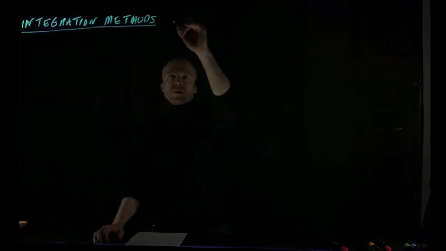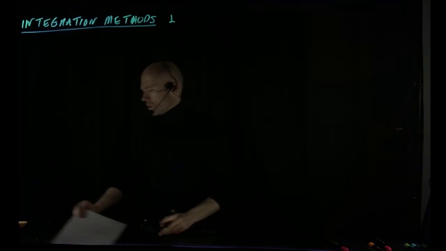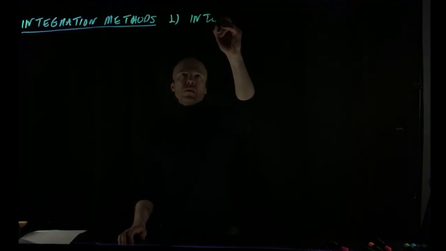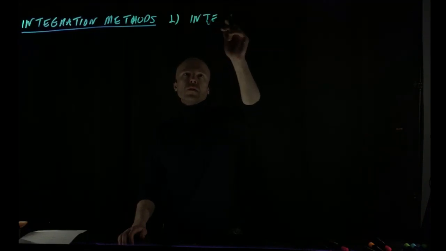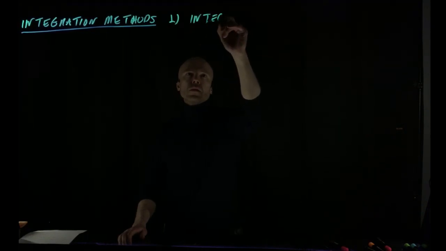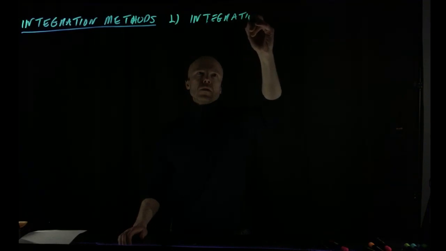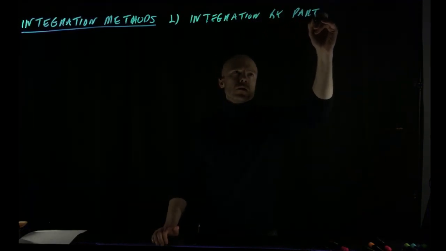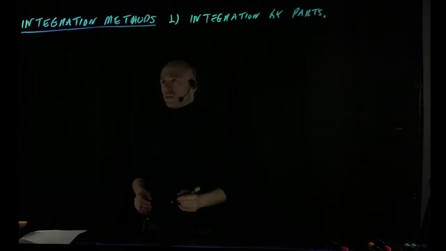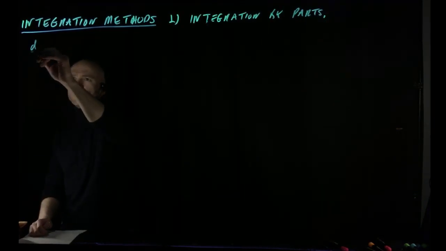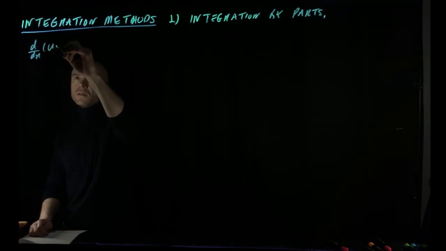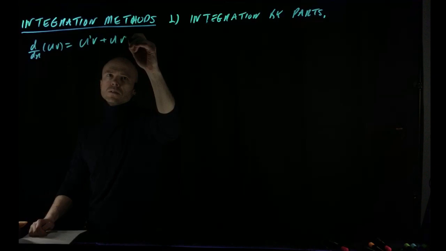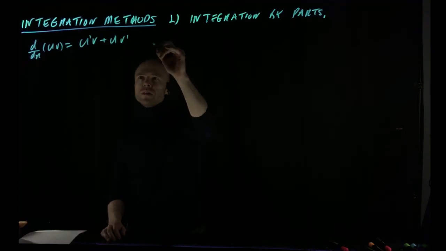And the first one was integration by parts. So if we take a product of two functions and we differentiate it, we have this. So then we can put one of these on the other side.